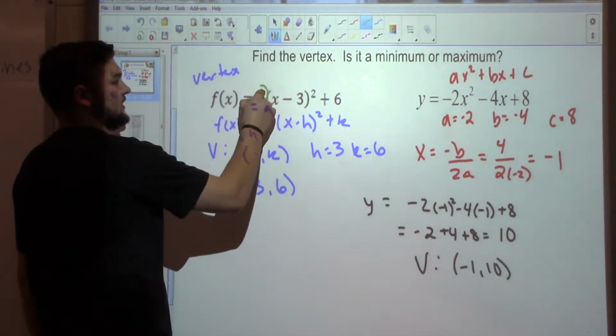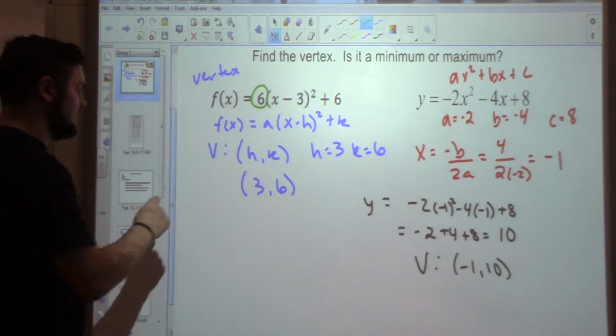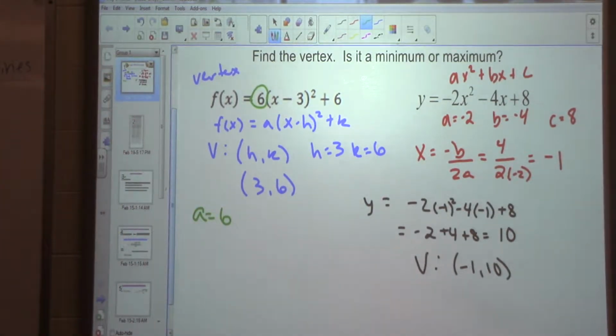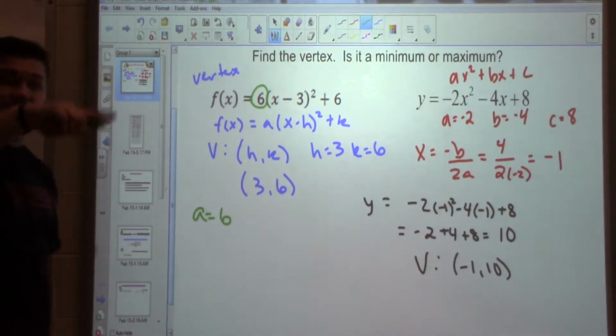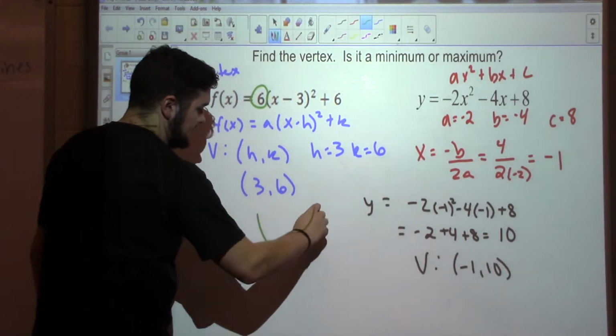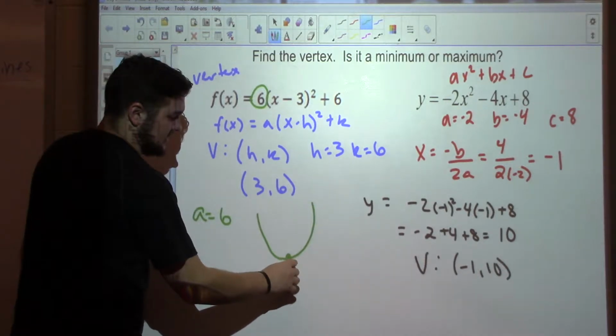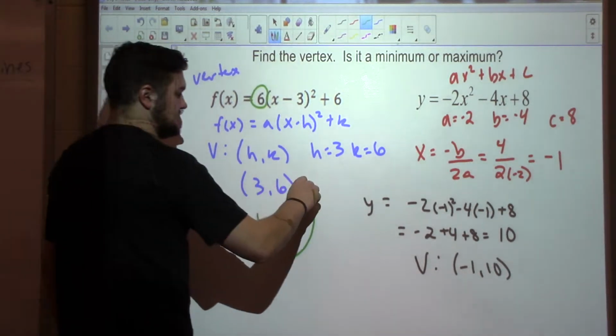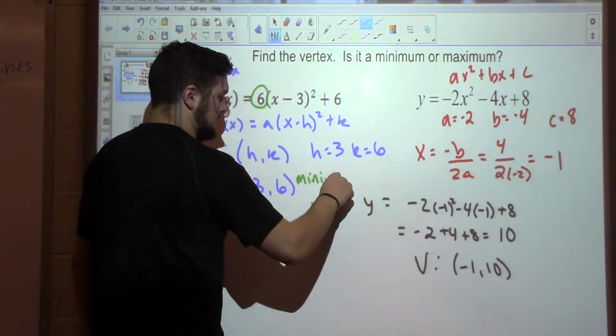A equals 6. So a is positive, which means it's going to open up. It smiles. It opens up. So if my vertex is down here, is that a minimum or a maximum? A minimum. So 3, 6 is a minimum.